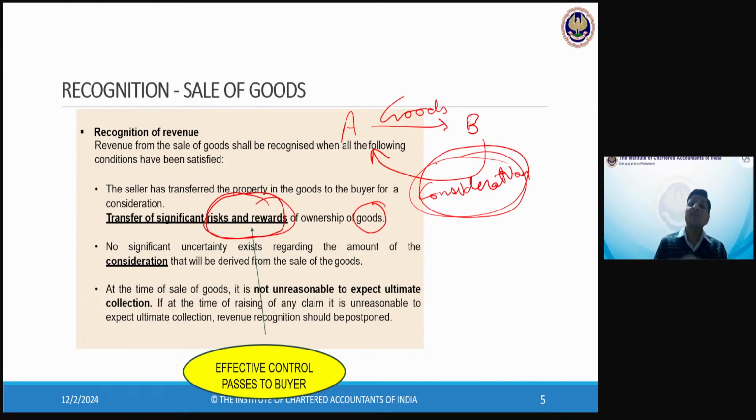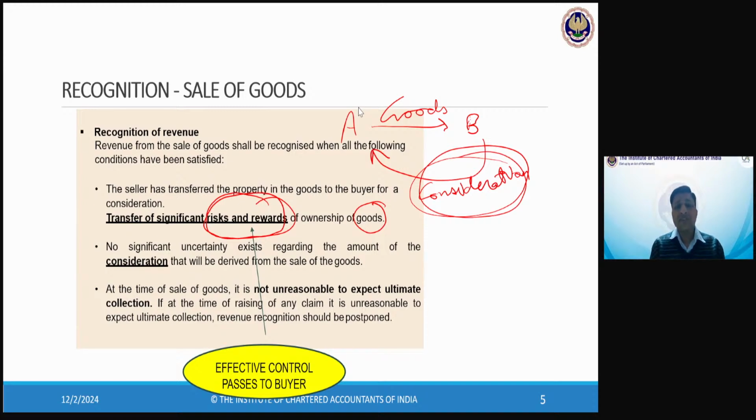Can you recognize revenue for 100? No. You will recognize revenue only when you will say there is no uncertainty of collection. Now, please remember, every time revenue recognition has to take place, these conditions are required to be looked at, and accordingly, the revenue should be recognized.